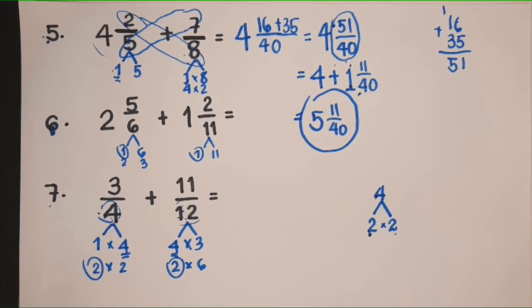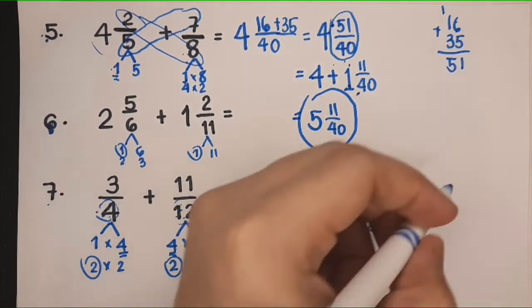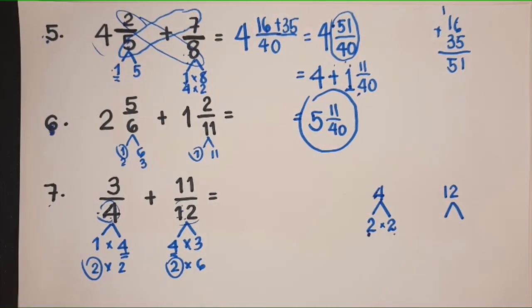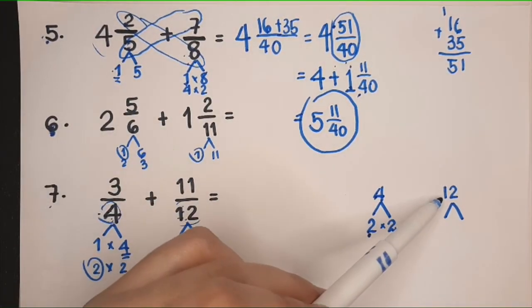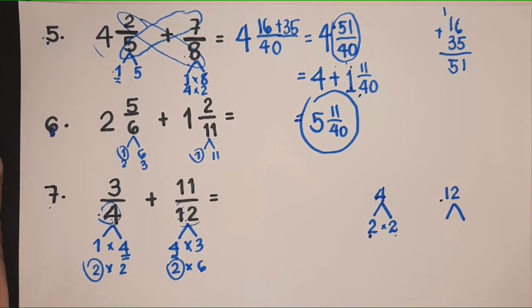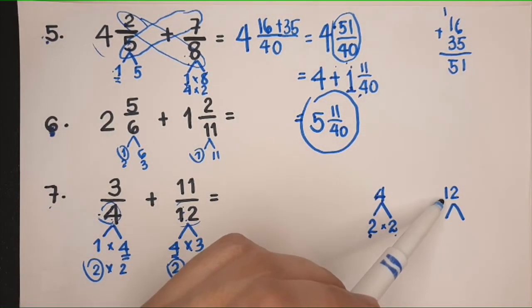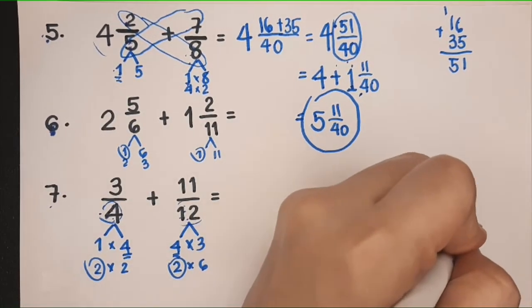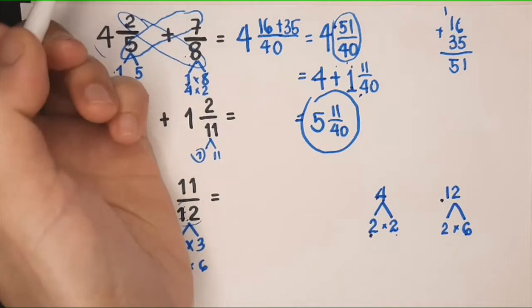It's 2 times 2. What about 12? Okay, so any number na maiisip ninyo na kapag minultiply equal sa 12. Do not choose 1 times 12. Okay, kasi babalik lang ulit kayo dun sa 12. Okay, so you may think of, kunyari, 2 times 6. Right?